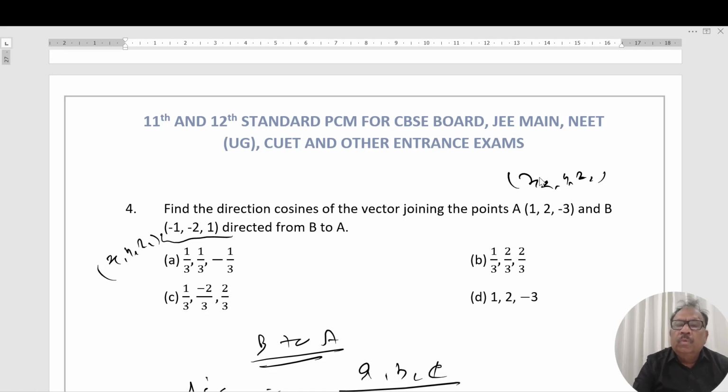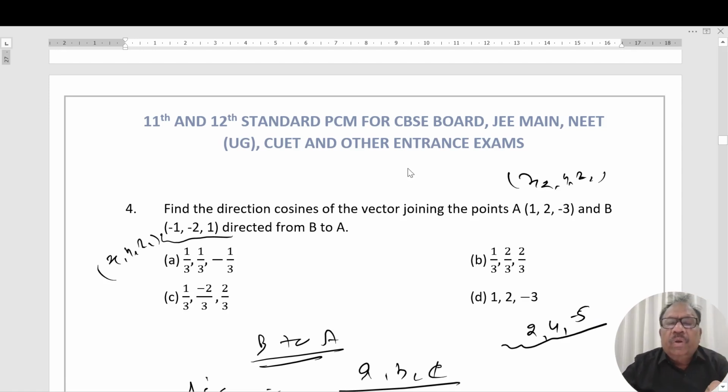This will come out to be 1 plus 2, 2 plus 2, which is 4, and minus 3 minus 2, which is minus 5.